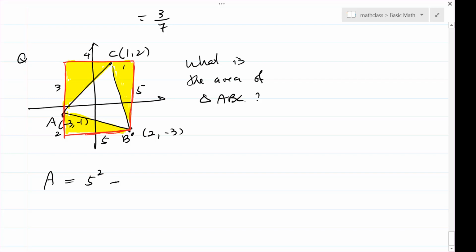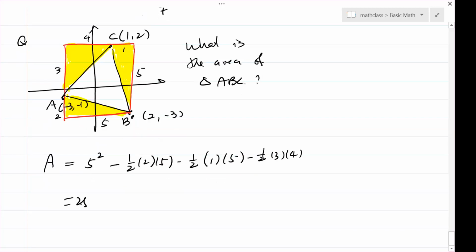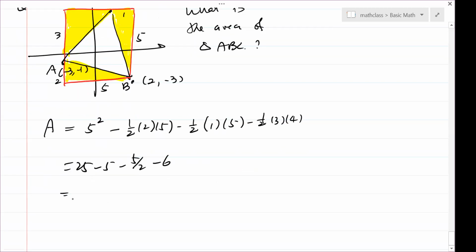Then you subtract the area of each triangle, the one on the bottom, the one on the right hand side, the one up left. Okay. So you will get 25 minus 5 minus 5 over 2 minus 6. Okay. 25 minus 5, 20 minus 6 is 14. 14 minus 5 over 2.